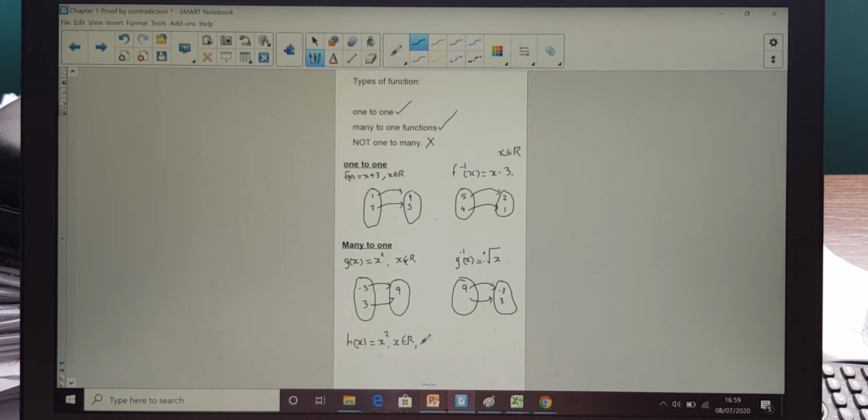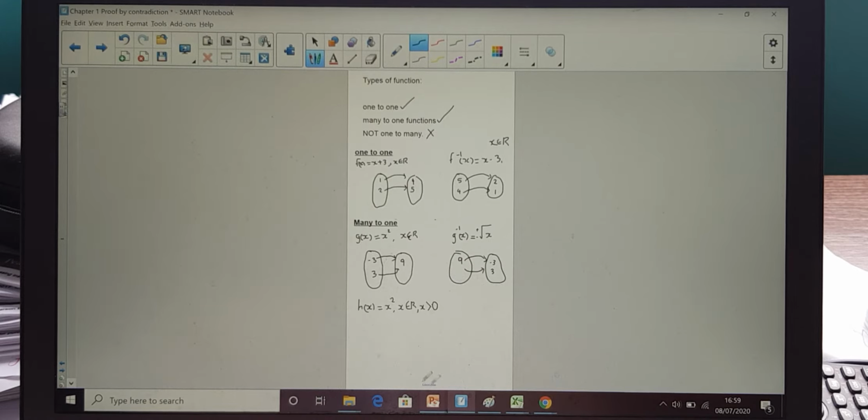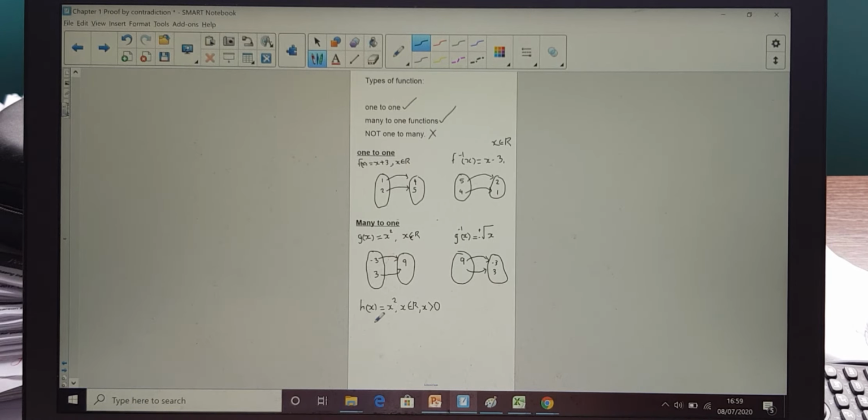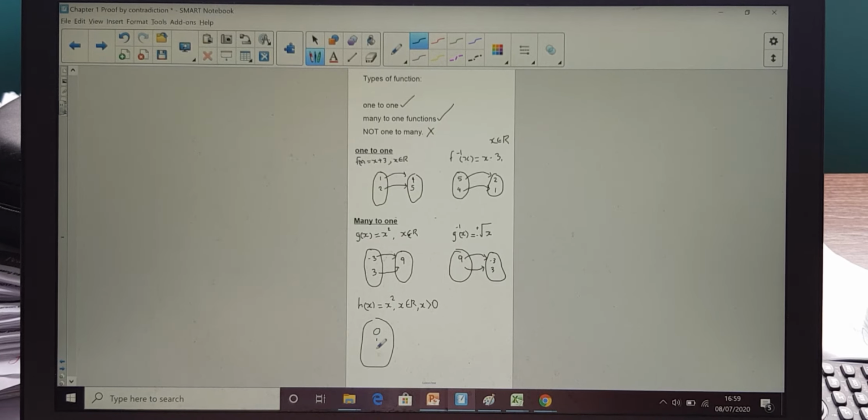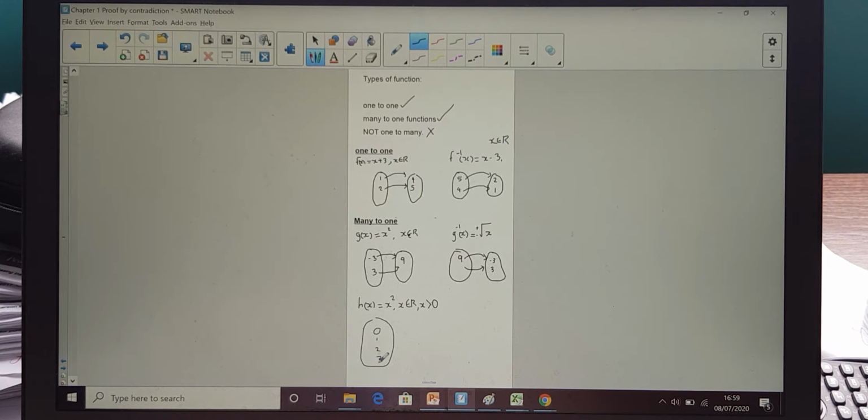But this time I'm going to say that x must be greater than 0. In doing that, I'm making it a one-to-one function. Because whatever input I have, 0, 1, 2, 3, all have to be positive, and therefore the output when I square it will be 0, 1, 4, 9.